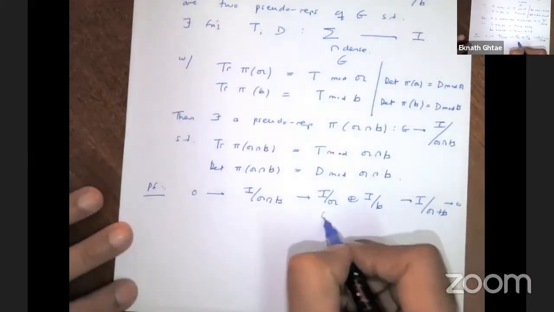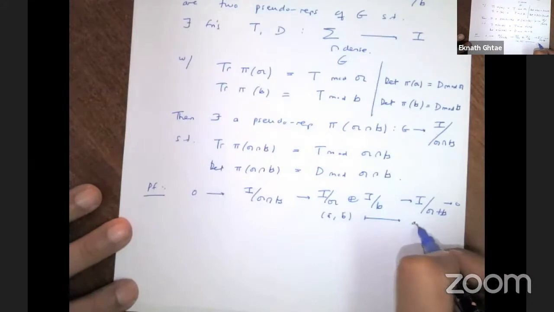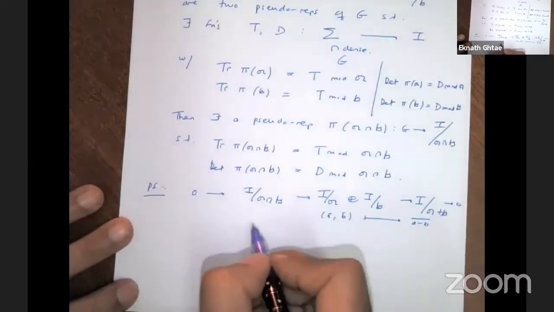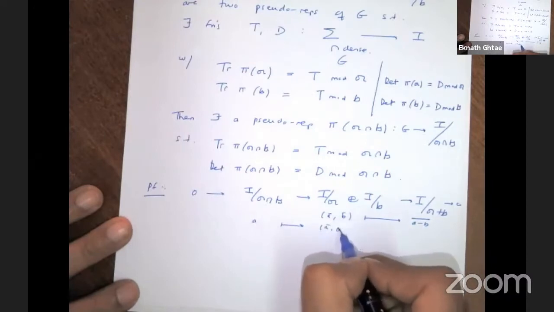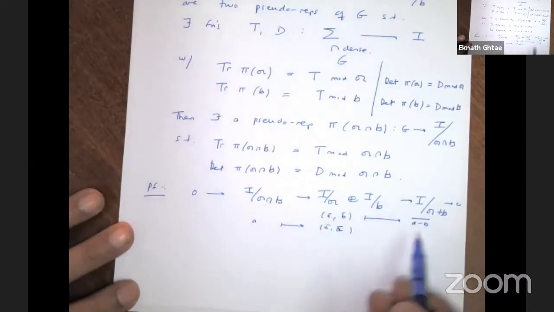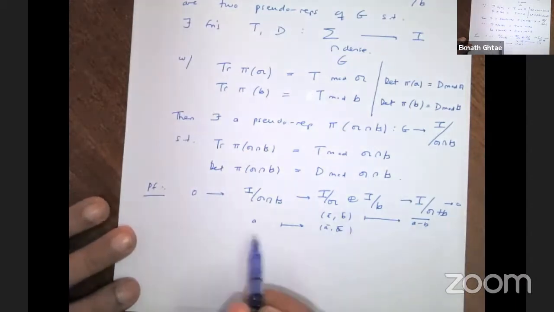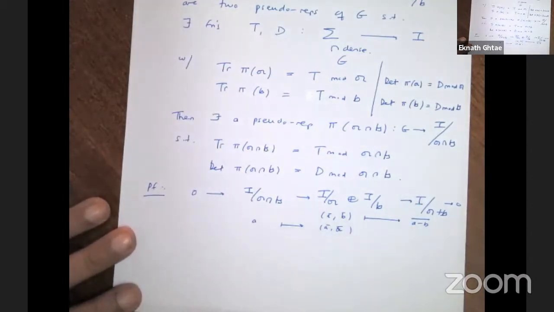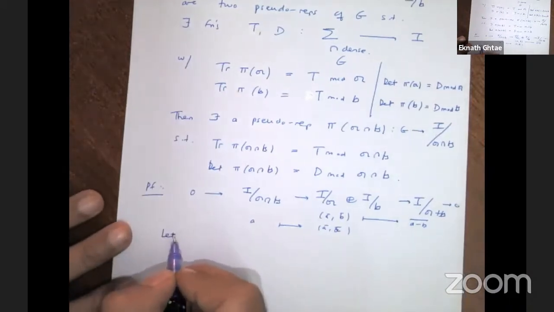So this map is just a bar, b bar goes to a minus b bar. And this map is a goes to a bar, a bar, the diagonal map, and then this is the difference map. So clearly, if you take the composition, you get 0. And the kernel of this is that, etc., exact sequence. Okay, so how do we define pi?